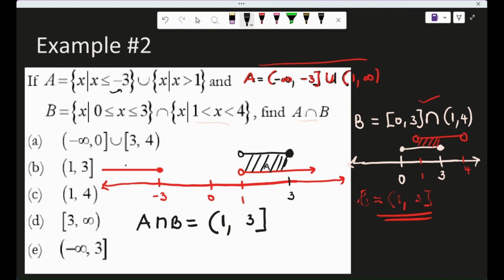So we have 1 open to 3 closed. That is the intersection, A intersection B. So you can see that A intersection B is actually the same thing as our B.